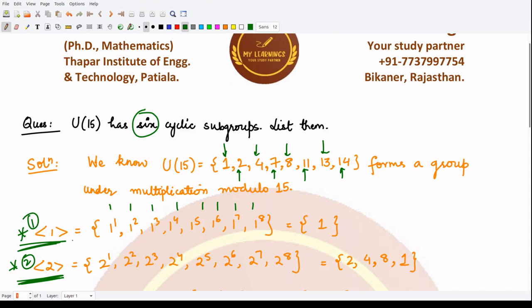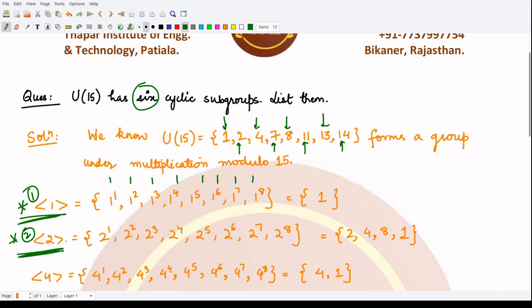Let's look at another one which is generated from 4. The one which is generated from 4 is obtained when you take powers of 4. 4 raised to power 1 is 4. 4 raised to power 2 is 16. 16 mod 15 is how much? It is 1. 4 raised to power 3 is 64. 64 mod 15. We have to calculate this. So it is again 4, right? 4 raised to power 4. How much is that?